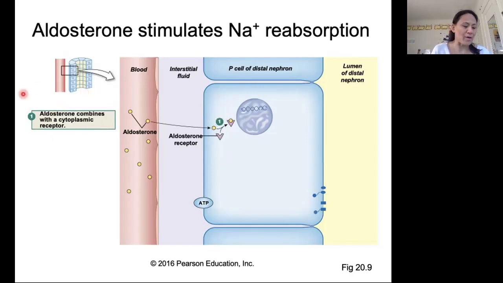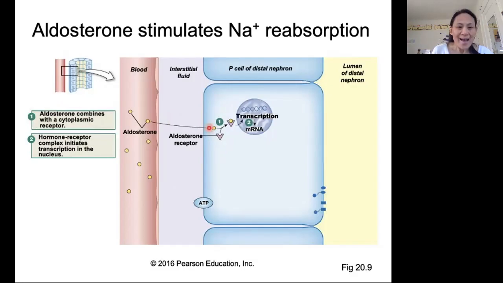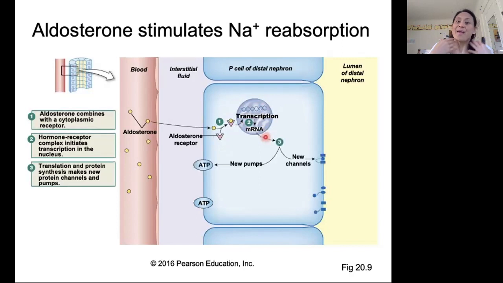That is step one here. Next, that combination of aldosterone with its receptor becomes a transcription factor, and it initiates transcription in the nucleus. As a result of that transcription and translation, we get synthesis of new ion channels and new pumps in the membranes of this epithelial cell.